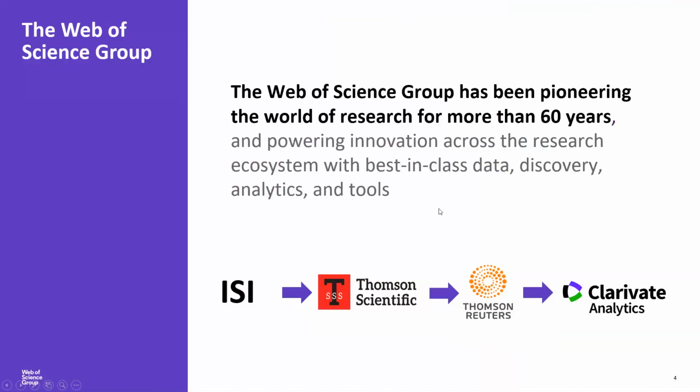A bit of an overview of who we are, for those who have never attended any of our sessions before. The Web of Science group started off actually more than 60 years ago, and many of your senior researchers or faculty members would remember us as probably ISI. So what does ISI stand for? It stands for the Institute of Scientific Information.